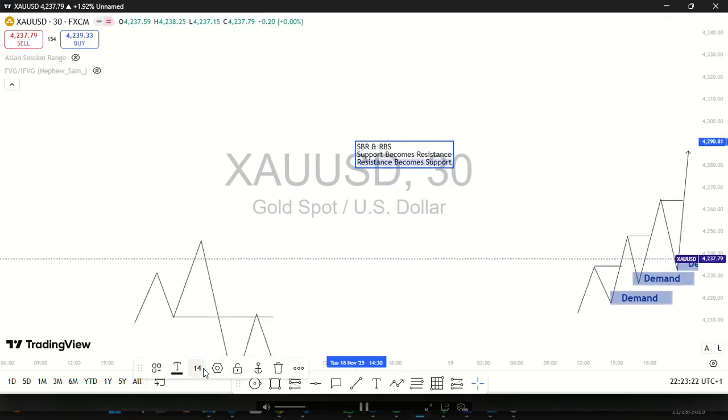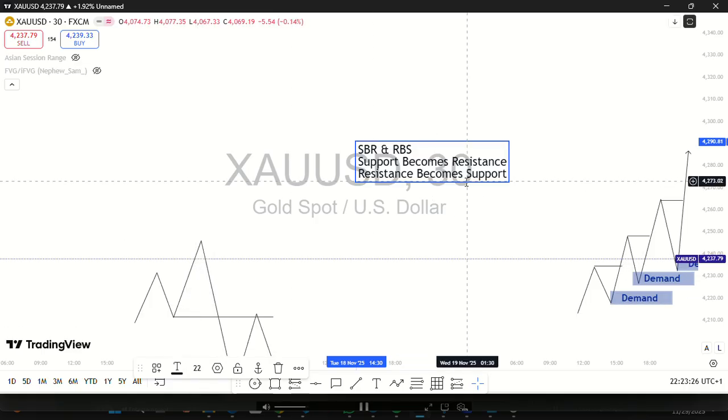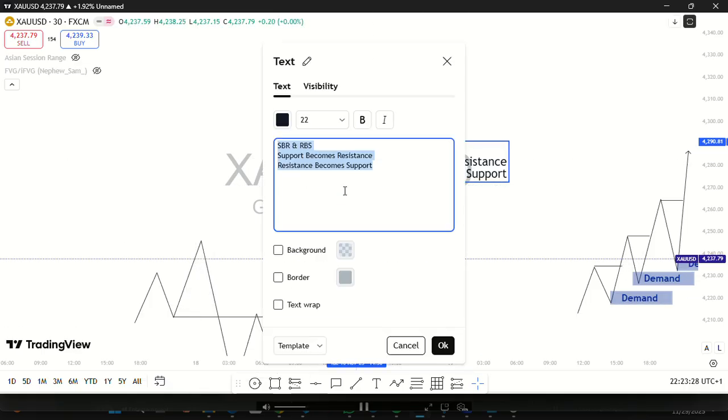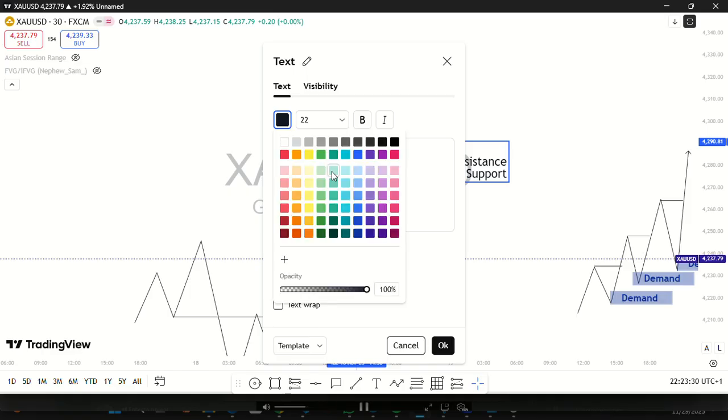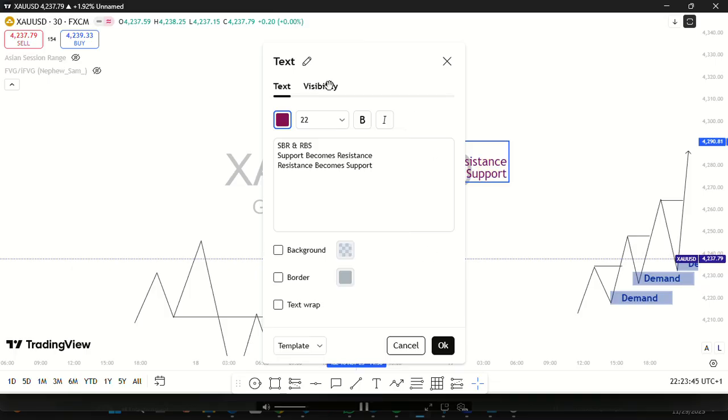Let me increase the fonts for this. Let me change the color so you guys can see it clearly. Hope you guys can see. Which color will be okay?